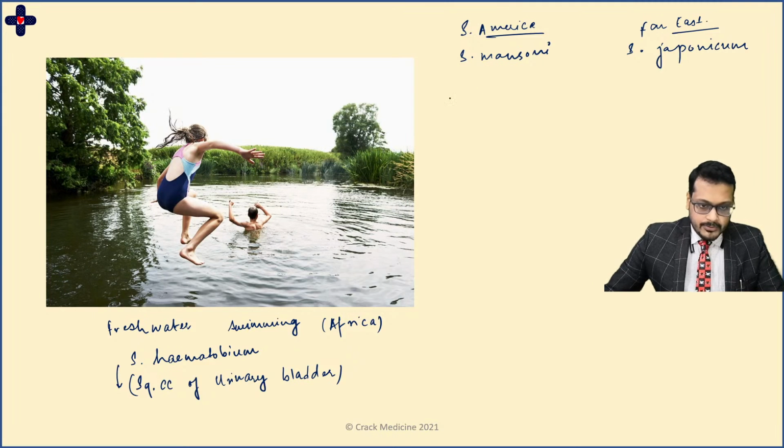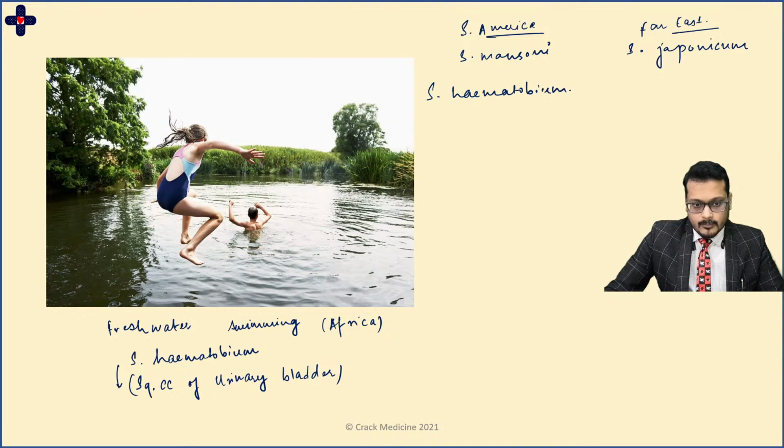Okay, so do you have something called swimmer's itch? But here we are basically talking about Schistosoma haematobium, that is in Africa. So guys, be aware when you are on your trip to Africa, don't swim in freshwater lakes.